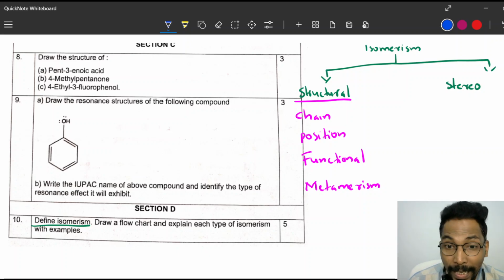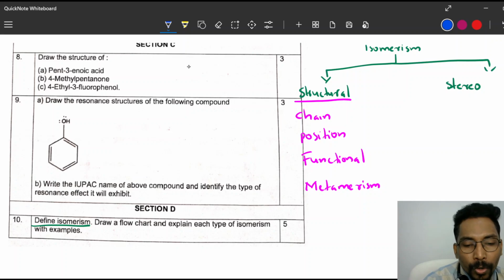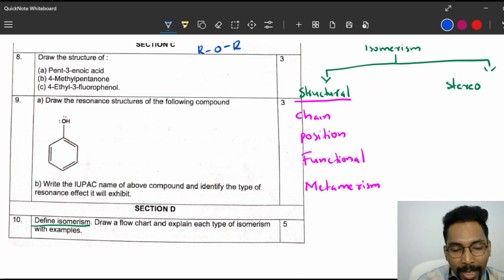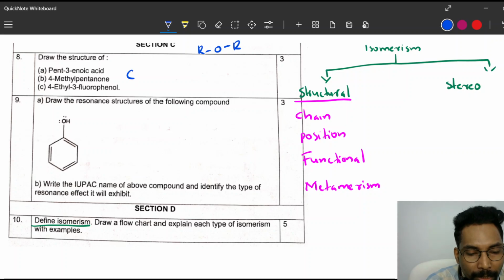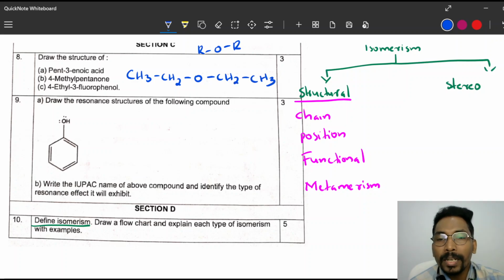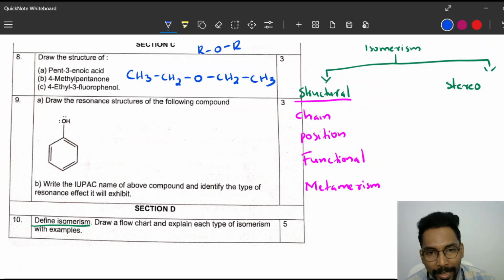Especially in ethers, I hope all of you know, ethers are like this, ROR. For example, CH3, CH2, O, CH2, CH3. So this is an ether, diethyl ether. Clear?